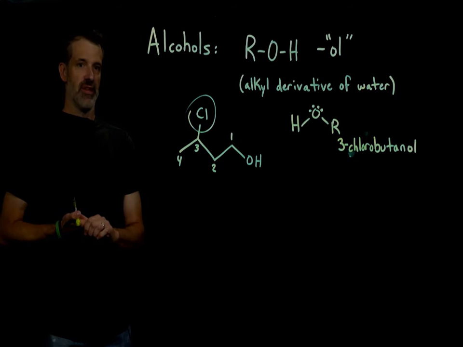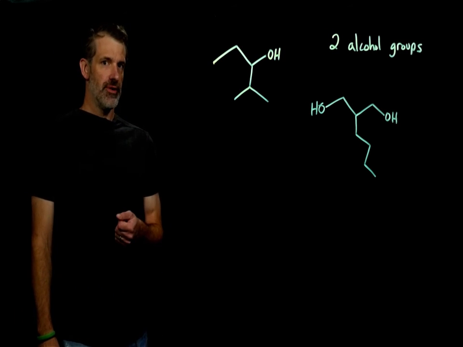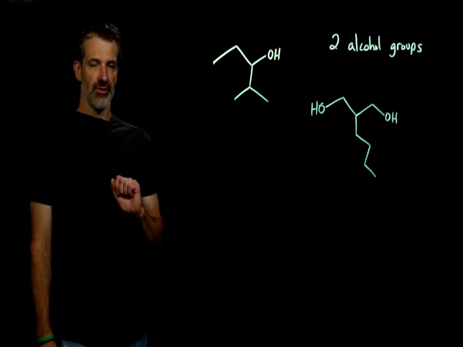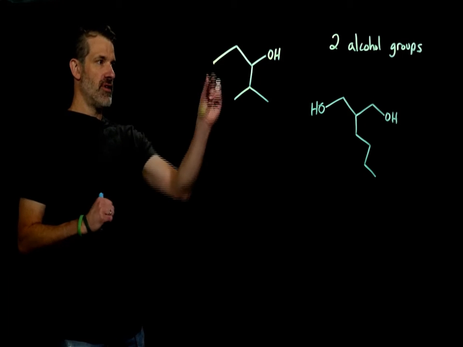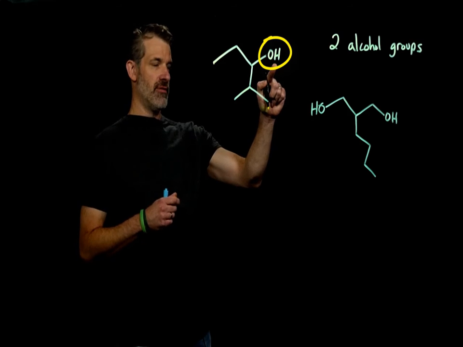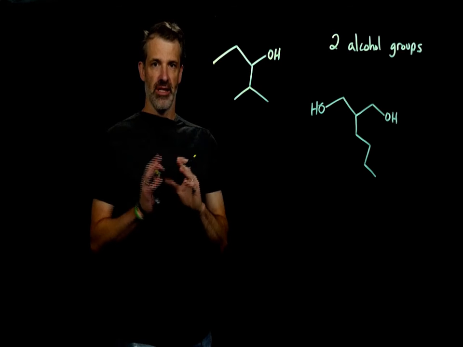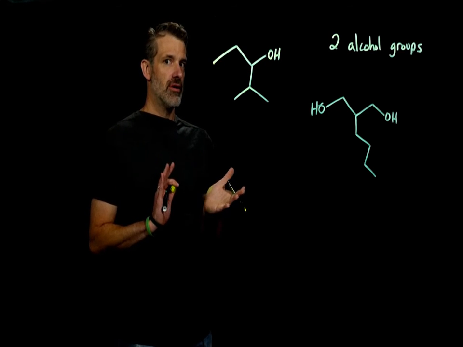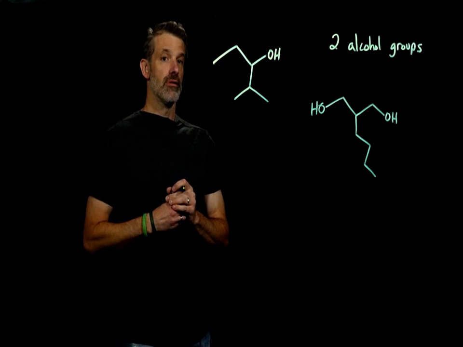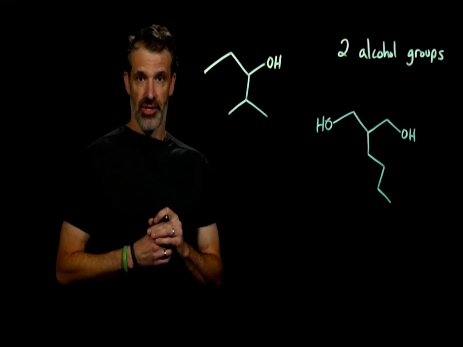Let's take a look at another example here. Okay, so here's a few more examples on how to name alcohol functional groups. In the following example, I have an alcohol group located here. I want to make sure to give this highest priority alcohol group the longest continuous carbon chain, while at the same time giving the lowest possible carbon number for the carbon that the alcohol group is attached to.